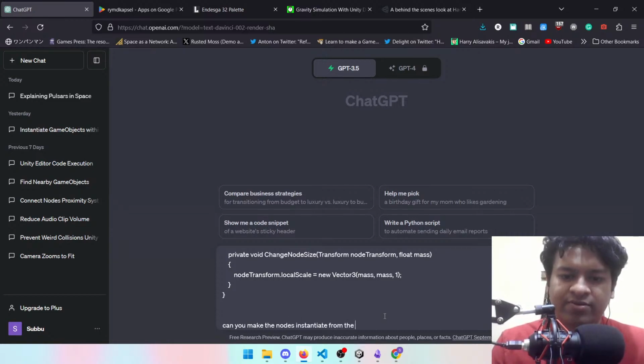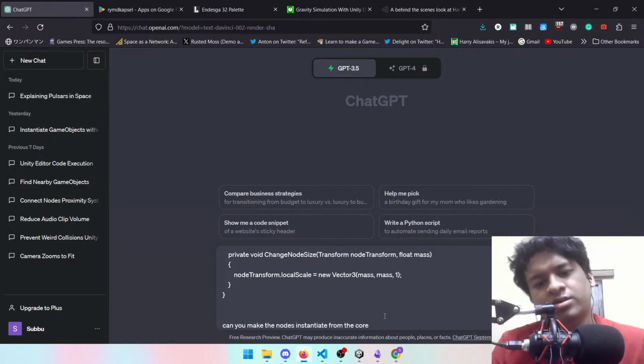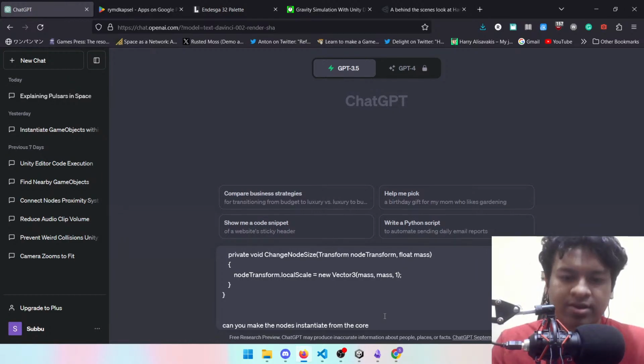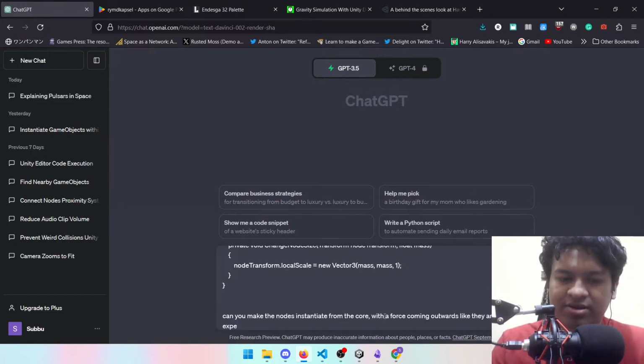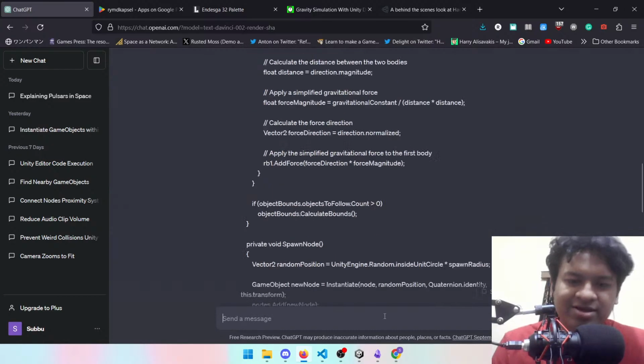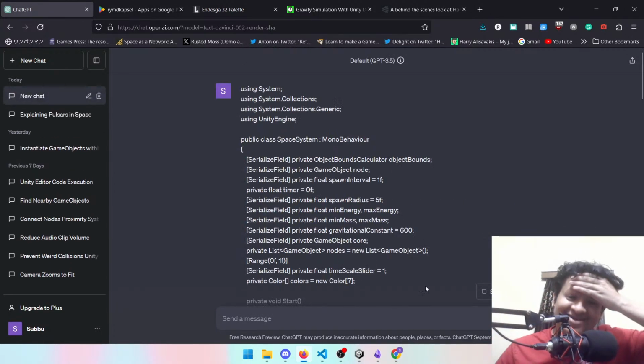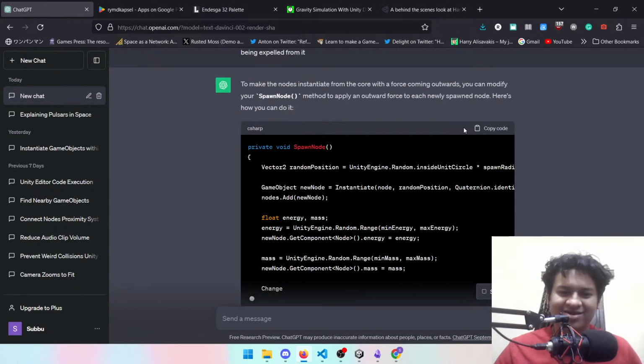Instantiate from the core, with them coming outward, like they are being expelled from it. Expelled? I guess that's right. Come on, ChatGPT, do the magic. Do the programming.